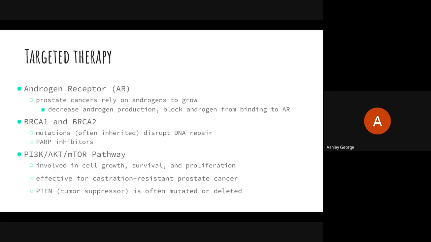So something that I thought was interesting is that the BRCA genes, which are very involved with breast cancer, actually also have an indication in prostate cancer. So these mutations to the BRCA1 and BRCA2 genes are often inherited, but they work to disrupt DNA repair. And cells with these mutations are more susceptible to treatment with PARP inhibitors, which stands for poly-ADP ribose polymerase. And so the inhibitor is what blocks a protein called PARP.